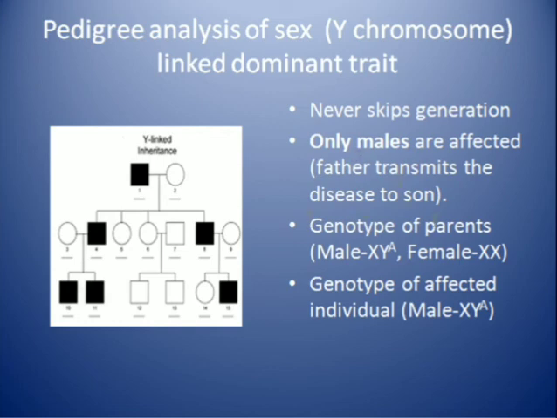The genotype of the parents will be: the male will have the defect in the Y chromosome, so it will be present only in the males, so all the males will have the same genotype, as you can see, while the females will be normal. So this is the pedigree of a Y-linked trait, in the case of the Y chromosome.